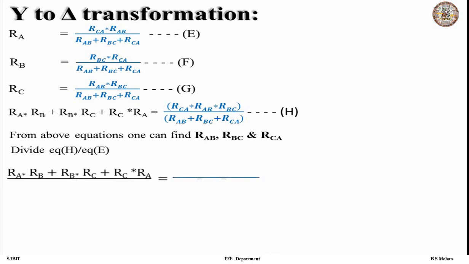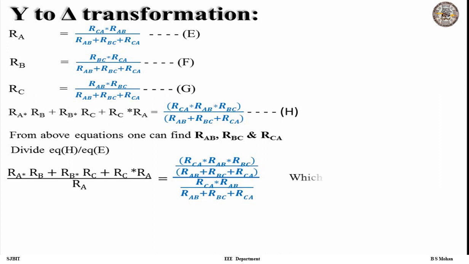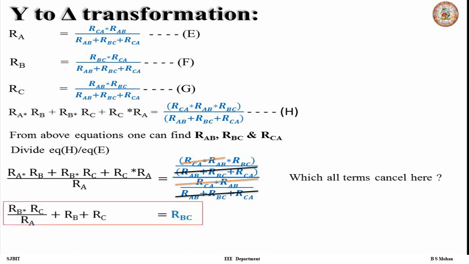This is for equation H on the LHS, and this is equation E on the LHS, and this is equation H on the RHS, this is equation E on the RHS. So one can observe that some terms cancel. On the LHS we can rewrite as shown here. In the RHS they cancel out and the leftover is RBC. So this is its equivalent delta.